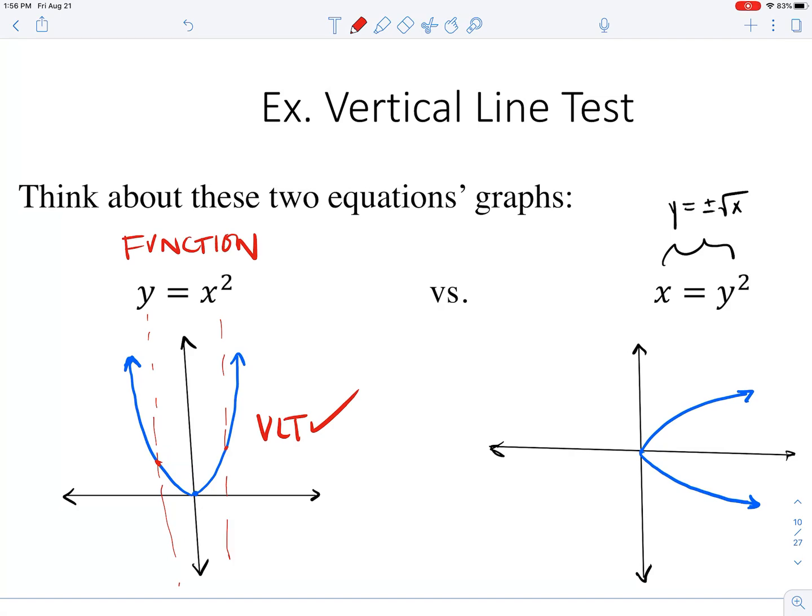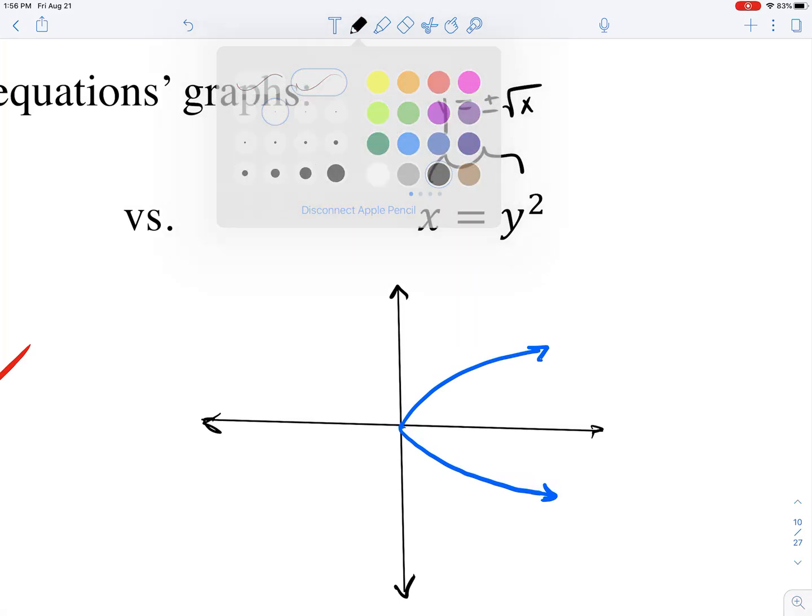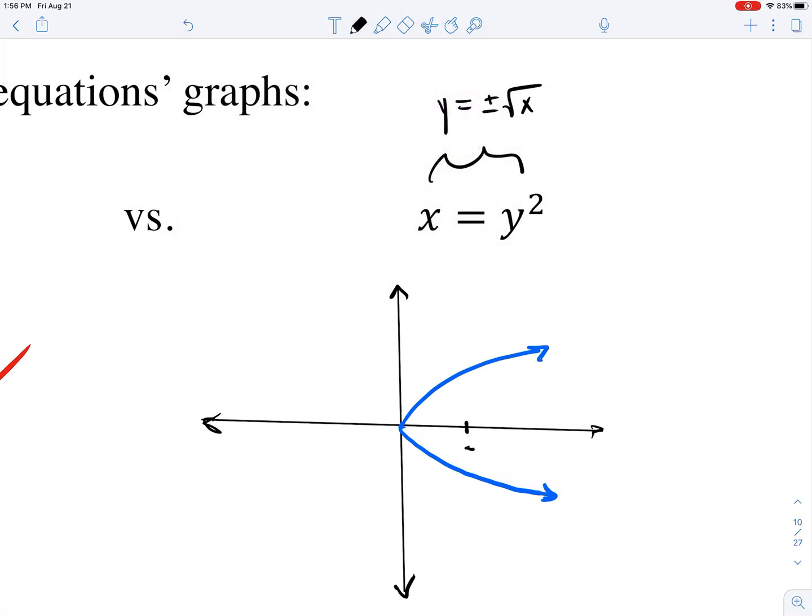However, the sideways parabola, the graph of x equals y squared, let's think about when we inputted 4, we ended up with two outputs for y. We had the point (4, 2), and then the point (4, -2). Sorry, I missed the negative.